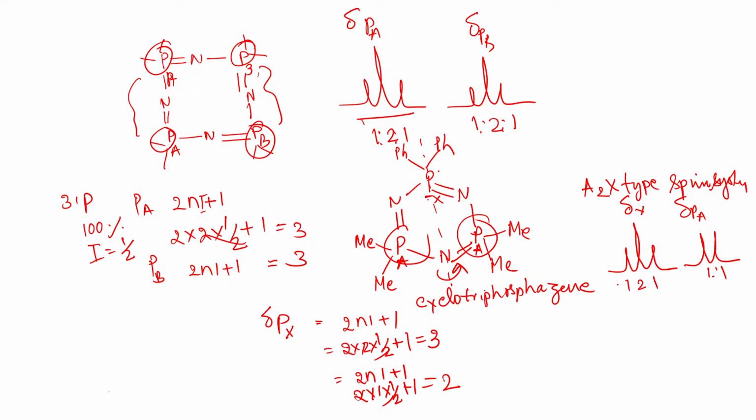And if you are curious how this 1:2:1 is coming, for example, when you place this in the magnetic field, the small magnetic field generated due to these nuclei, PA and PA, also interacts with the applied magnetic field, and they can align with the magnetic field or they can oppose it.